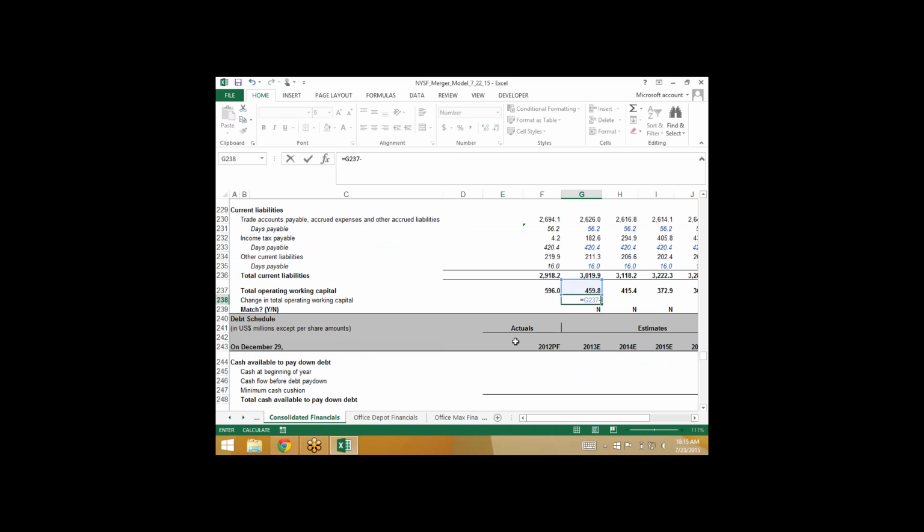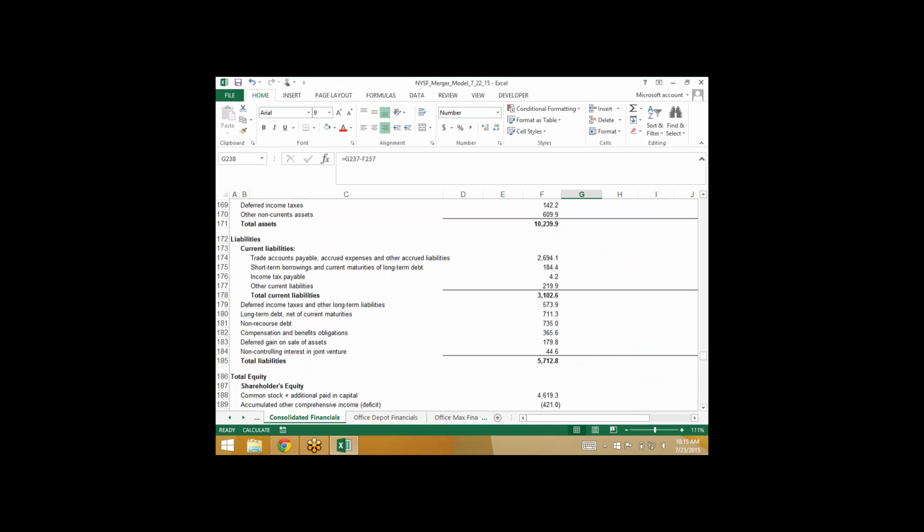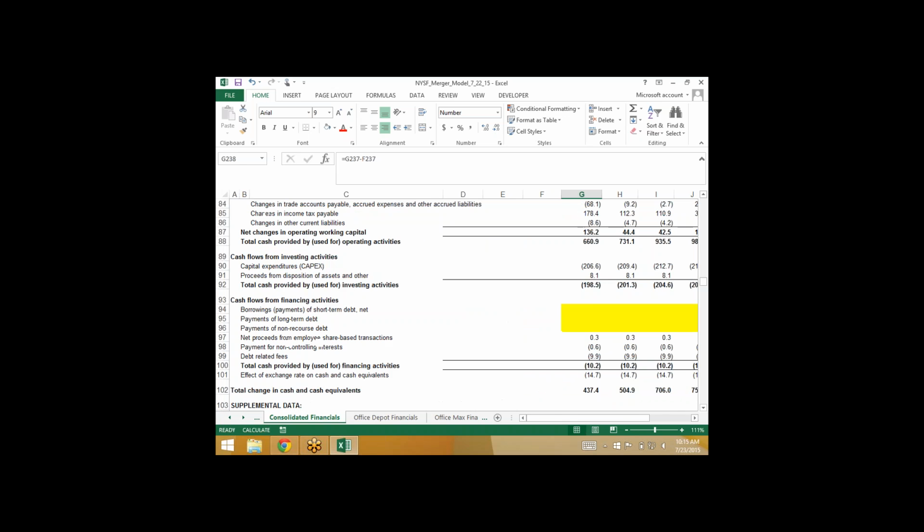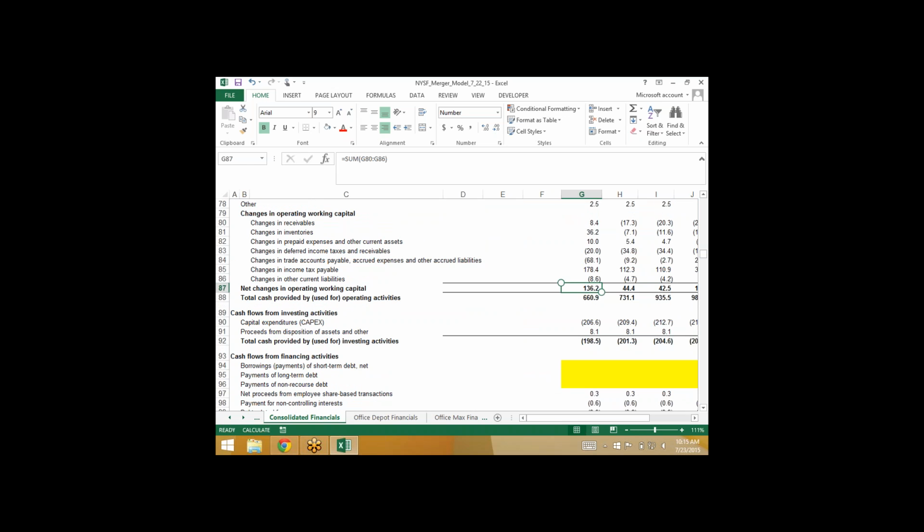What the match column does is it looks for the change that you have in operating working capital, the change that we didn't do yet, and it matches this number to the total change in operating working capital that we just calculated. 136.2 should tie with 136.2. And this is a good check. This is a test for you. It's just a proof to make sure that you have the signs going the right way, because that's a common mistake, to make sure that your assets are negative the change and your liabilities are positive the change.